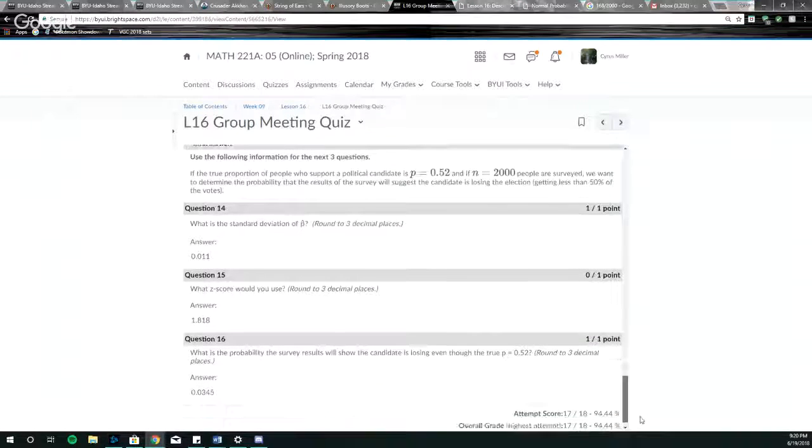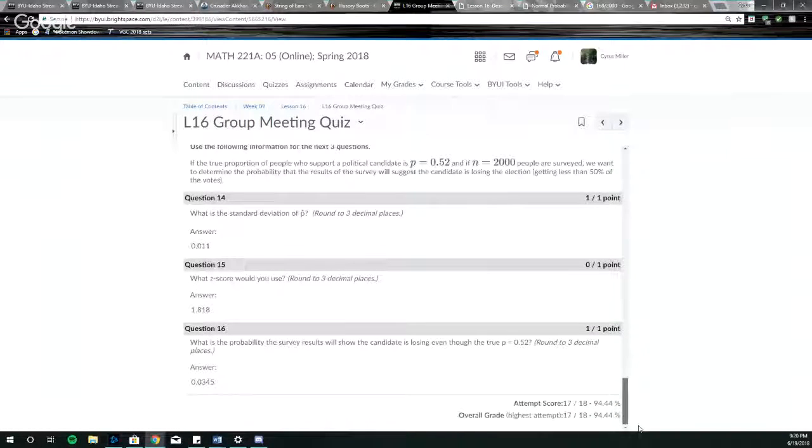I couldn't understand that very well. Did you get it right? I got it right, except I forgot to put the negative in for the z-score, so I got the last two wrong. So it must be the 50% one, not the 49% one.